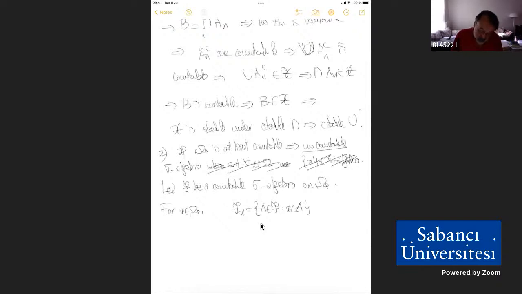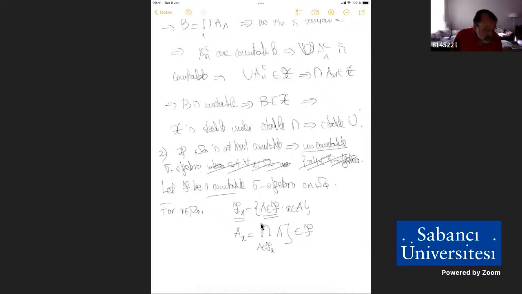Then I take A sub x to be the intersection of these sets. As the sigma algebra F is countable by hypothesis, F sub x is countable, hence this is a countable intersection, hence this set is an element of the sigma algebra F again.